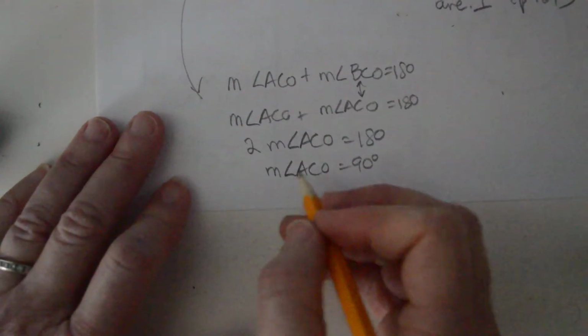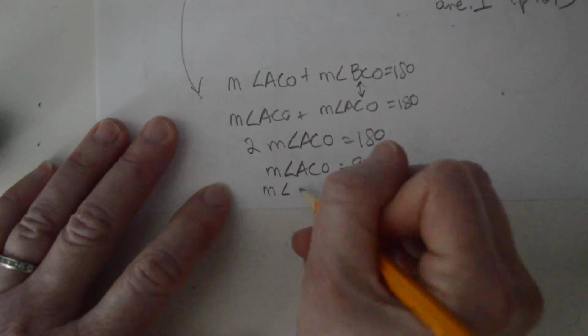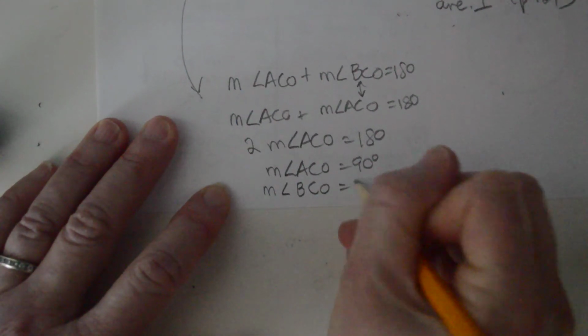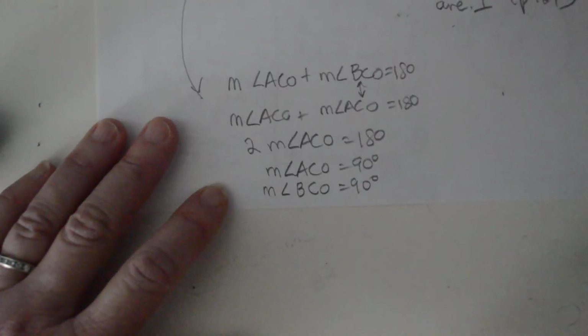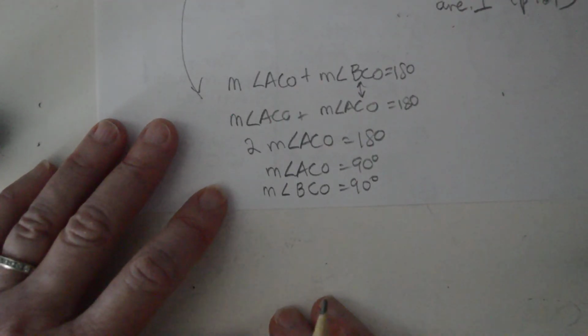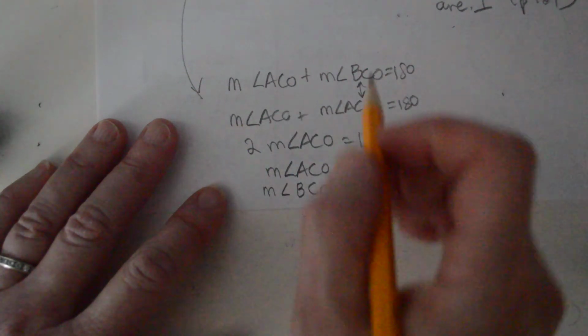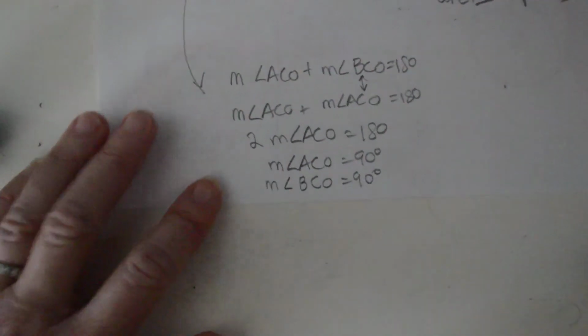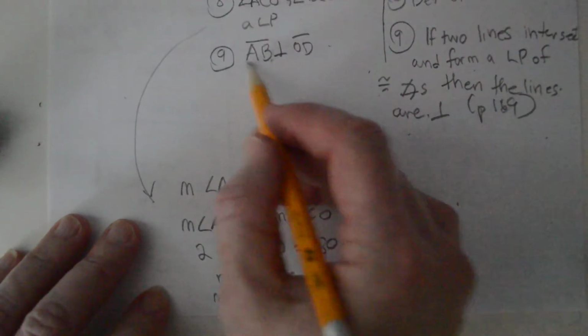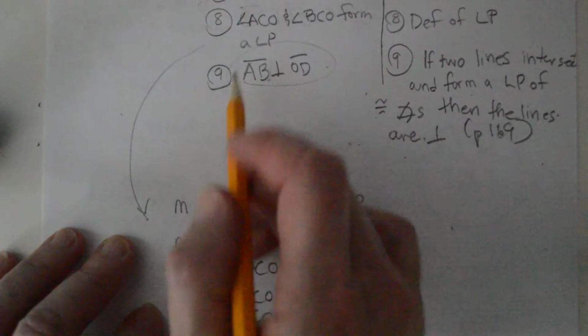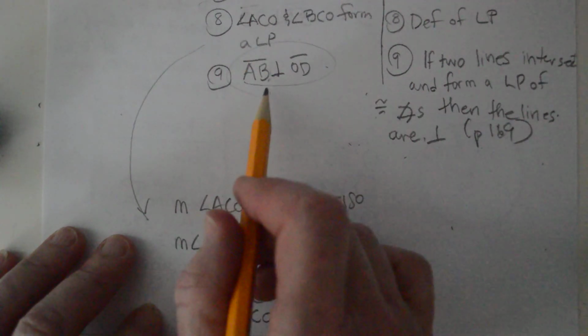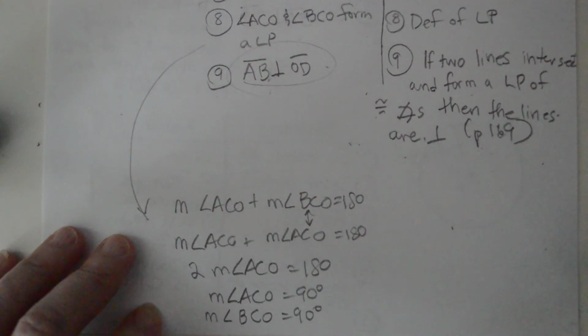And then once we know that that's 90, we can say that the measure of angle BCO is 90 because they're congruent. And then we can say that OD is perpendicular to AB. So again, we could do it this way with more familiar theorems, but if we pull out that potato peeler, or that potato spiraler, you're going to save quite a few steps in there.